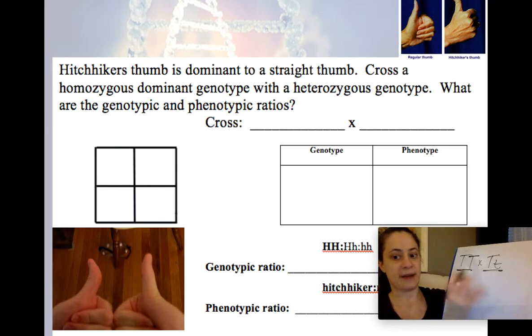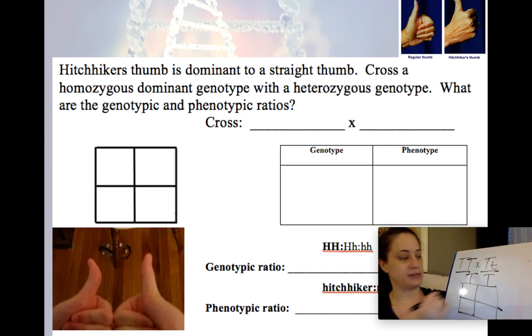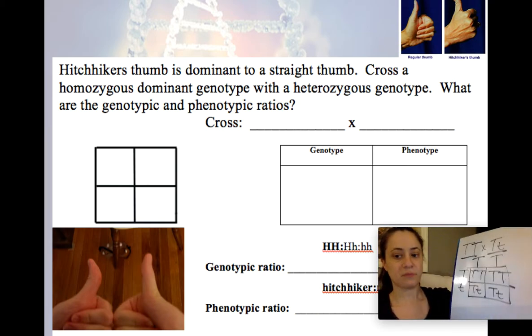So here's the parents for our cross, and here is our Punnett square. So we have homozygous dominant with 2 dominant alleles. We have the heterozygote. Now we can fill in the square as so, and now answer the question.